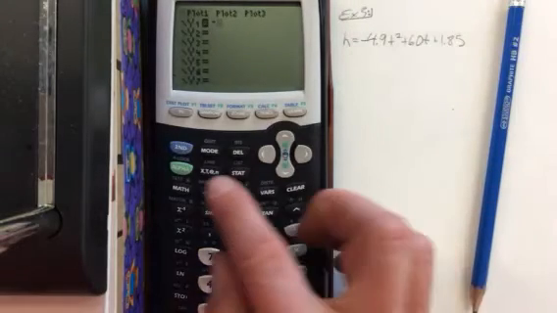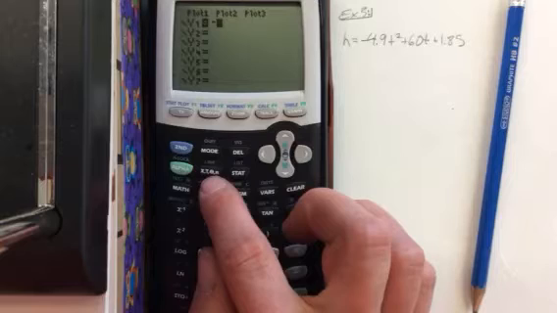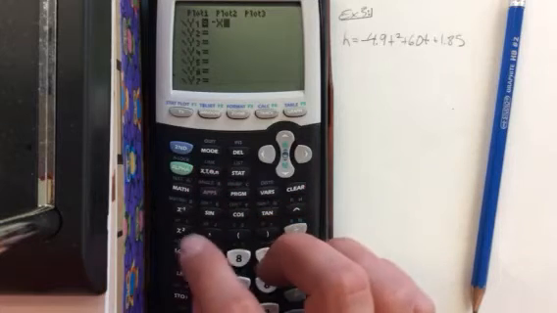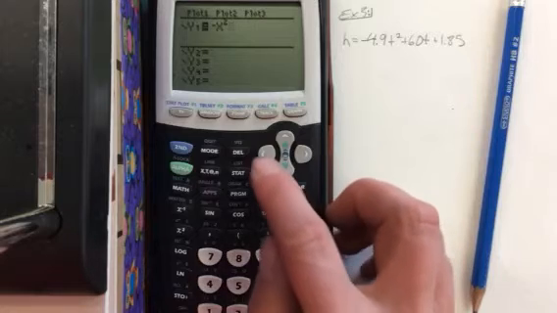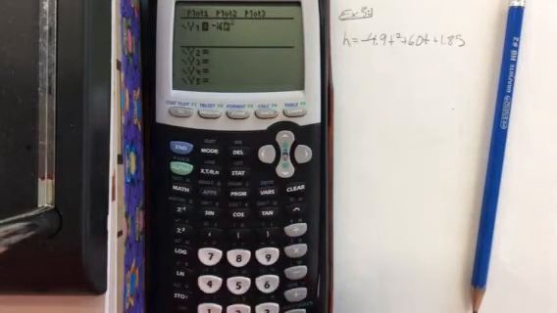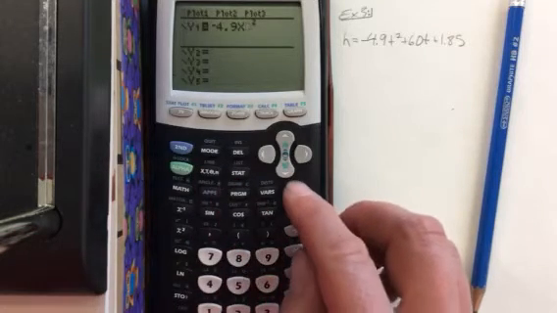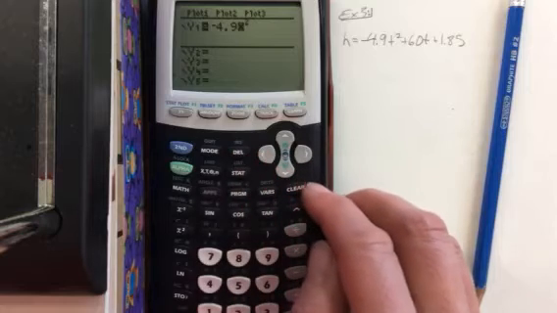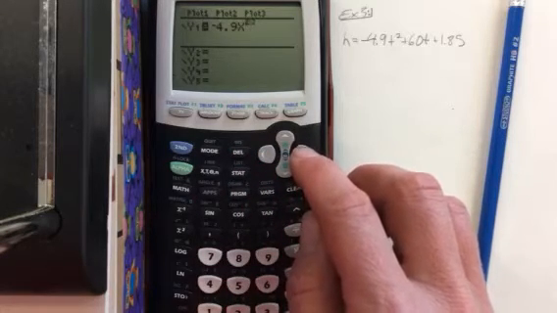And then this is your button for the variable, it's x t theta n, so negative x. There's a squared button here. Oh, I got ahead of myself. Back over this way. It was negative 4.9 and then x. I think I'm going to delete that part. Squared. Okay. That should move through.